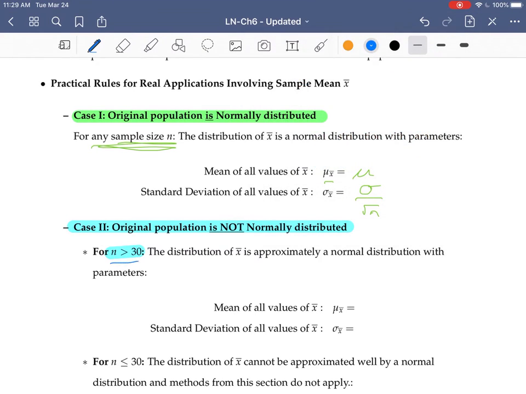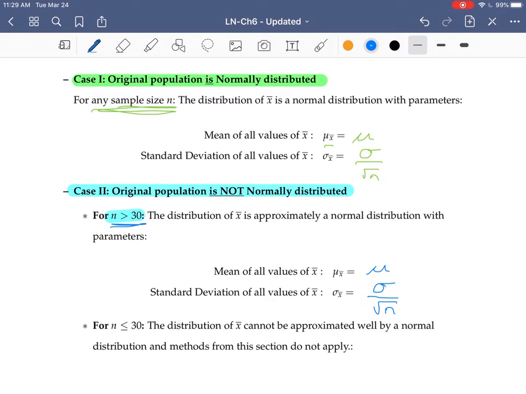And so we need to have our value n larger than 30. If that is satisfied, then the mean of all the values of the sample means is equal to the mean of the individuals, and the standard deviation of all the values of the sample means is just like above, the standard deviation of the individuals divided by the square root of the sample size.